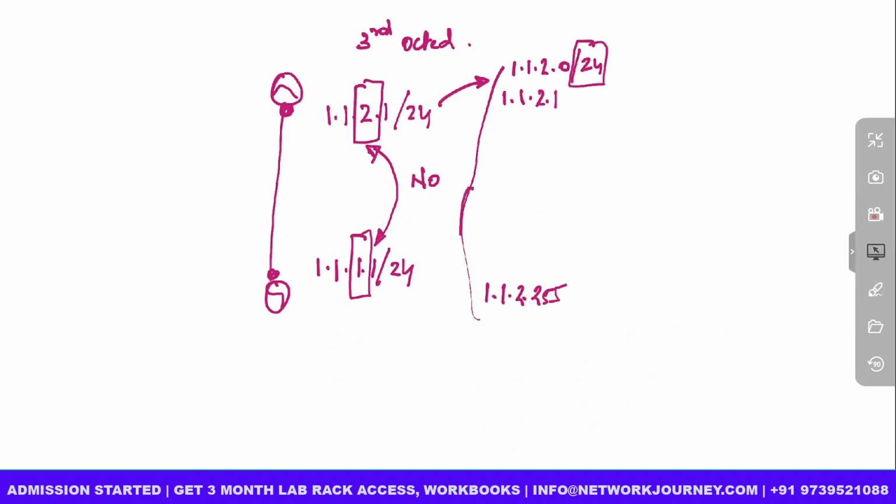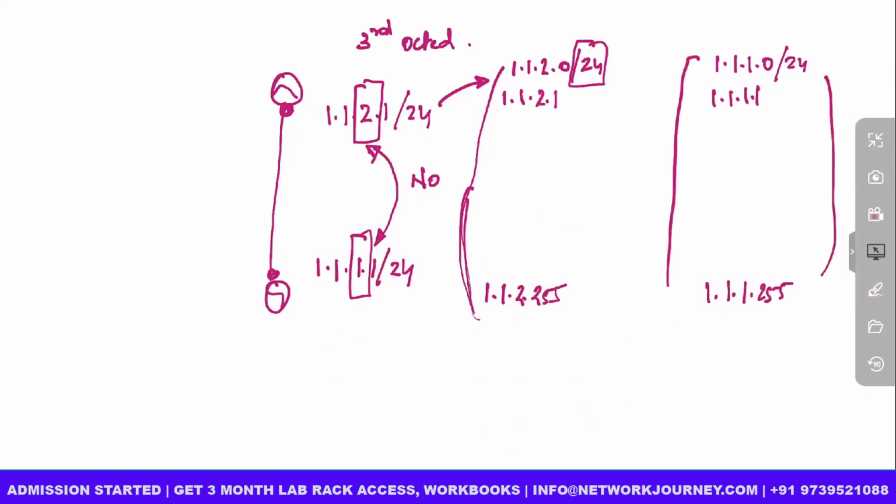On the other side, on the lower end side, you have 1.1.1.0/24, which starts with 1.1.1.1, goes till 1.1.1.255. Now, this is a separate family and this is a separate family. So it's not in the same network.